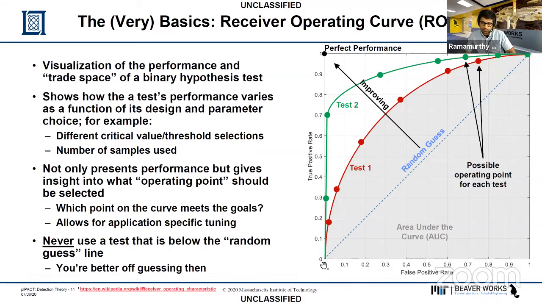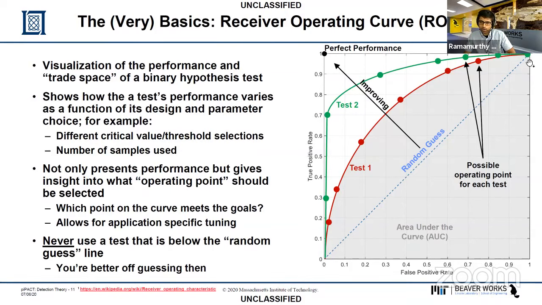Now, the place to start is actually here in the center with this random guess line. What this line is basically saying is that for any given point, if I'm correct on 40% of the detections I'm making, then I'm also incorrectly declaring 40% of negative cases, the H0, as positive.